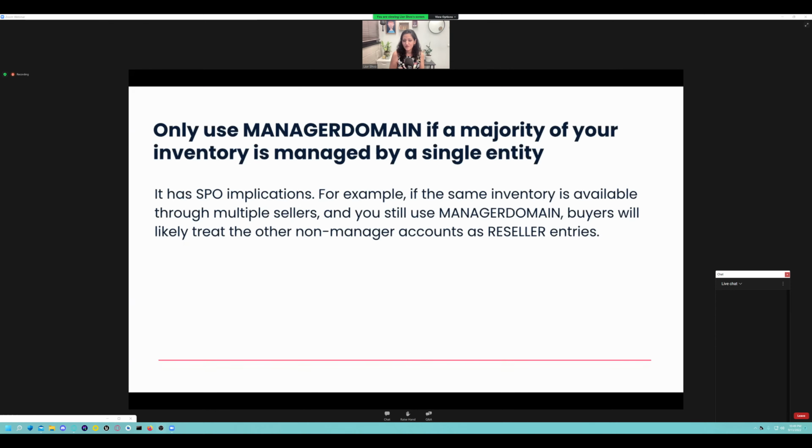So this is why it's important to define it properly, because the manager domain will give a great advantage to the seller, to the monetization partner that you're working with. And if they're not monetizing the majority of your website, it could create SPO problems for you and for your monetization.